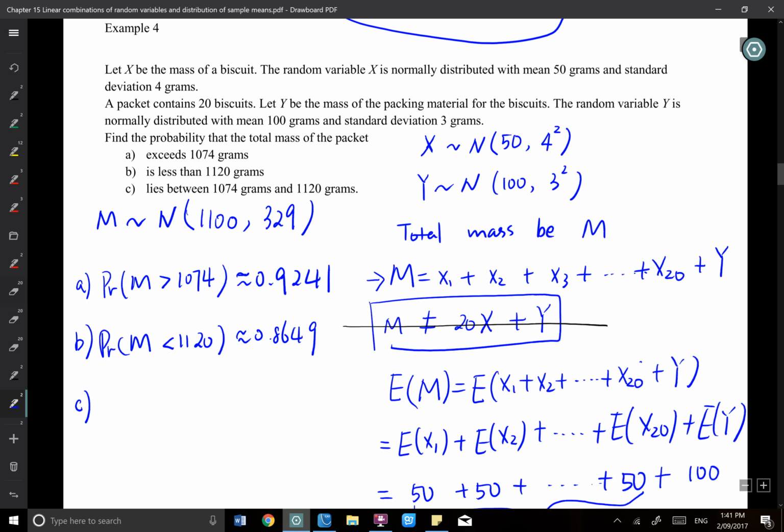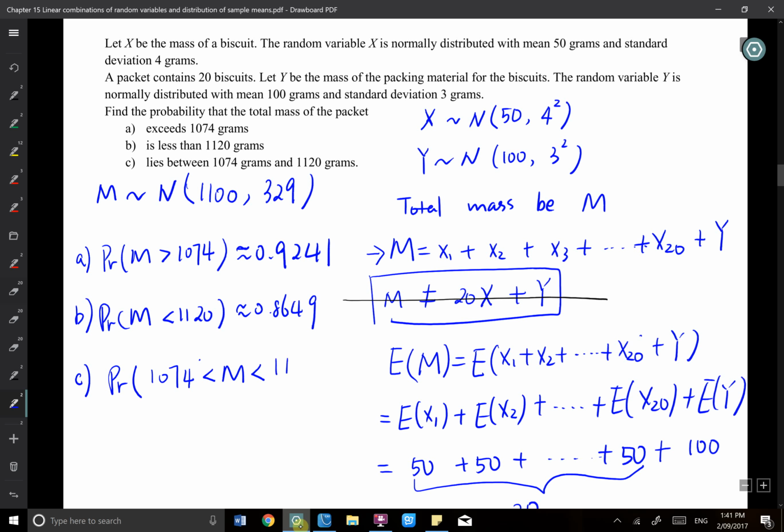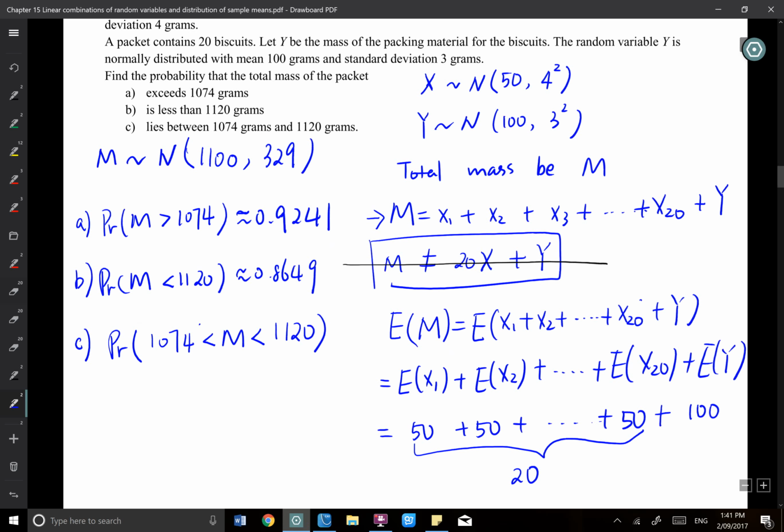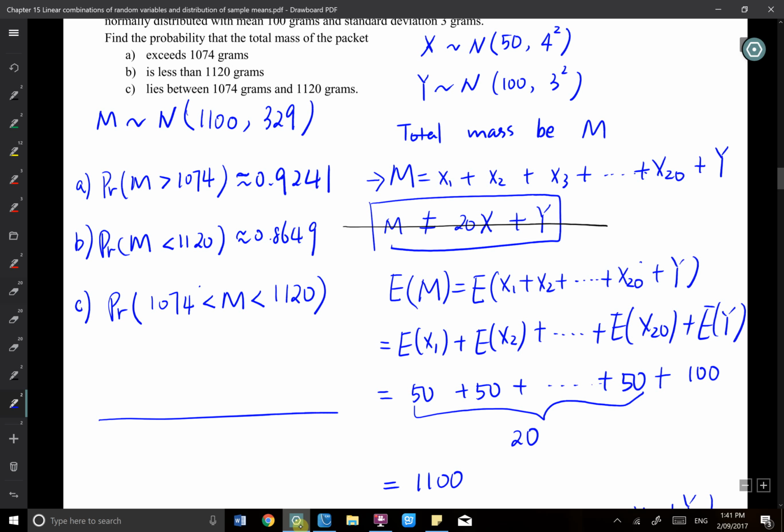And for C, the mass lies between 1074 grams and 1120 grams. So the probability from 1074 to 1120. Greater than 1074 was 0.9241, less than 1120 was 0.8649, and you want the thing in the middle.